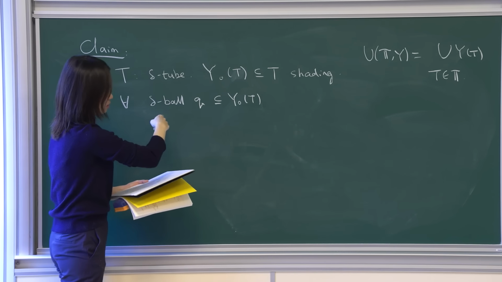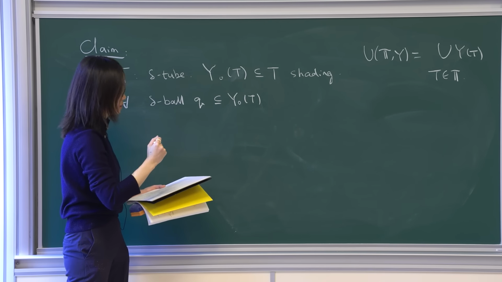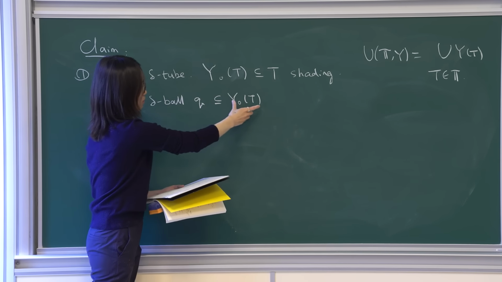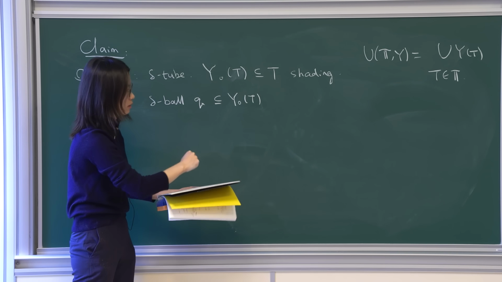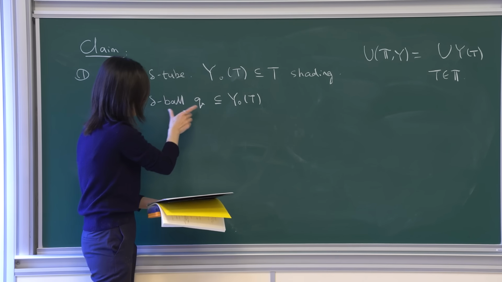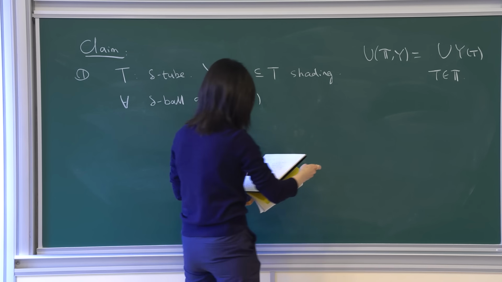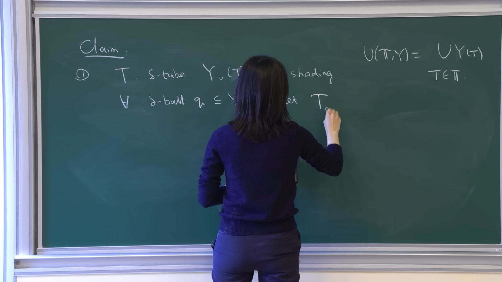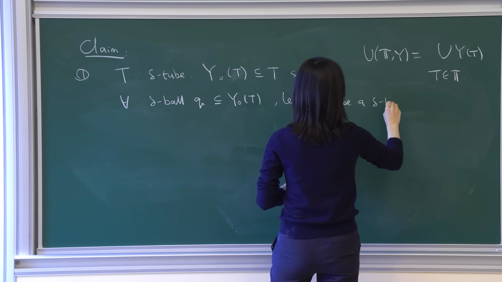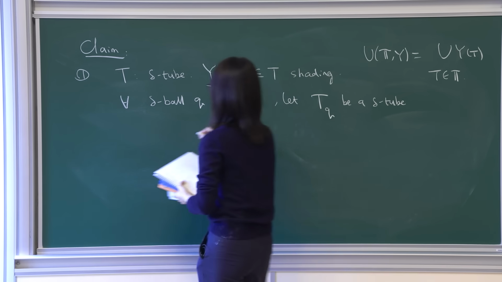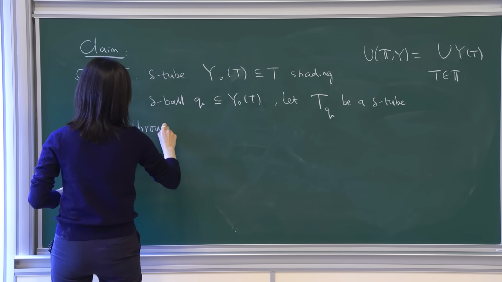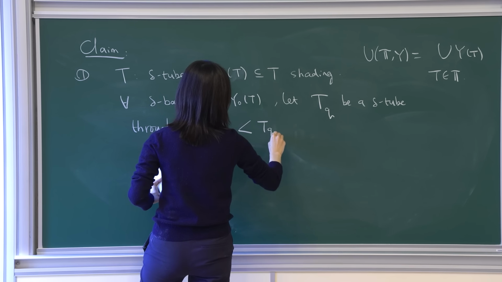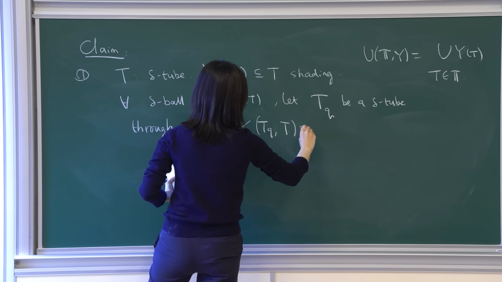Since the shading is a union of delta balls, we can think of Y_T as a set of disjoint delta balls, and this means that for each of them, let T sub Q be a delta tube through Q, and the angle between T_Q and T is roughly 1.